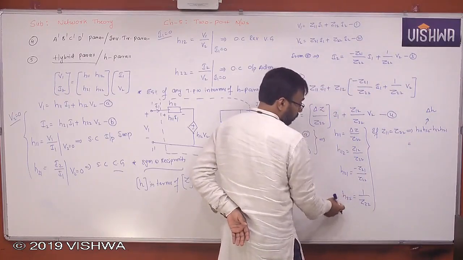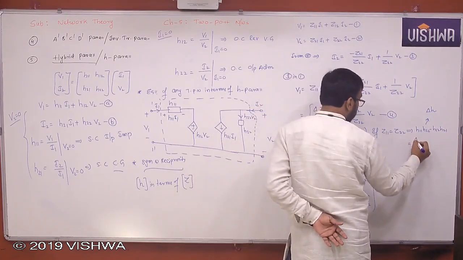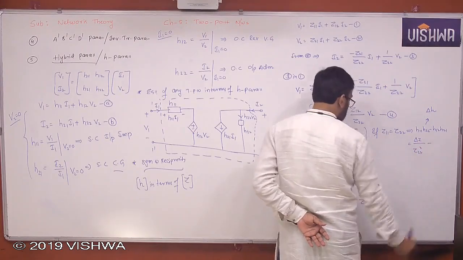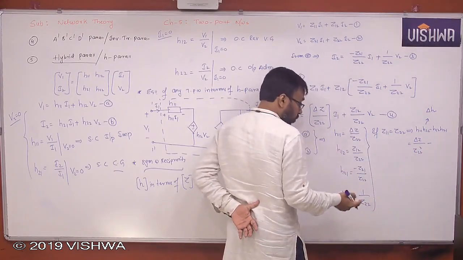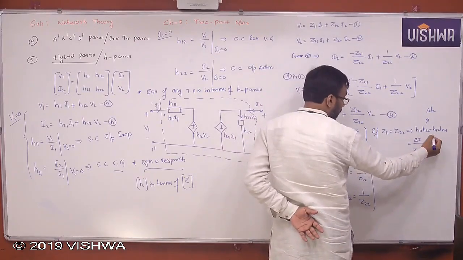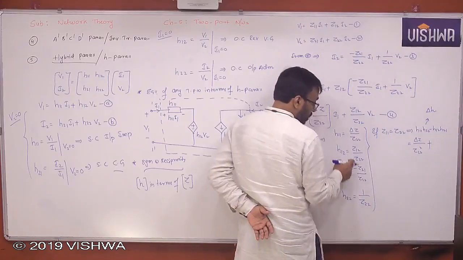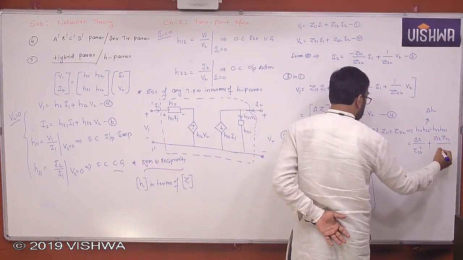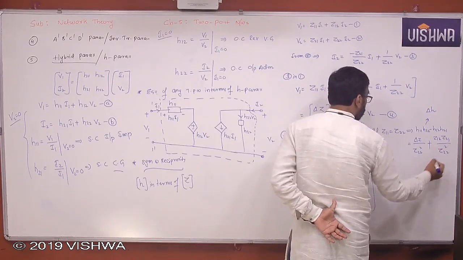H11 H22, that means del Z by Z22 square, minus H12 H21, minus of minus, you will get plus Z12 Z21 by Z22 square.